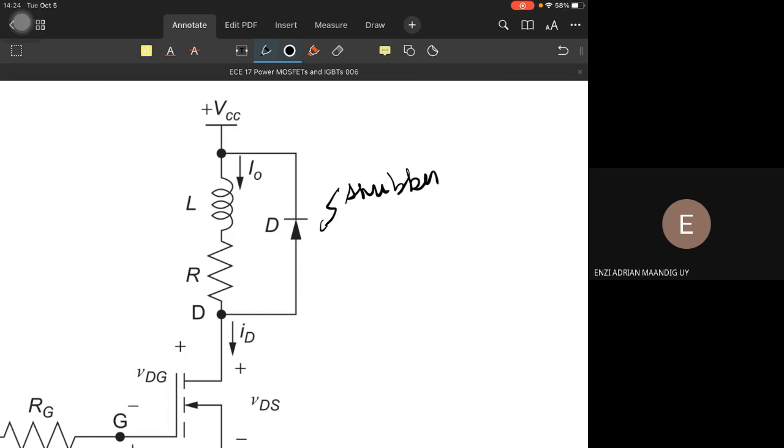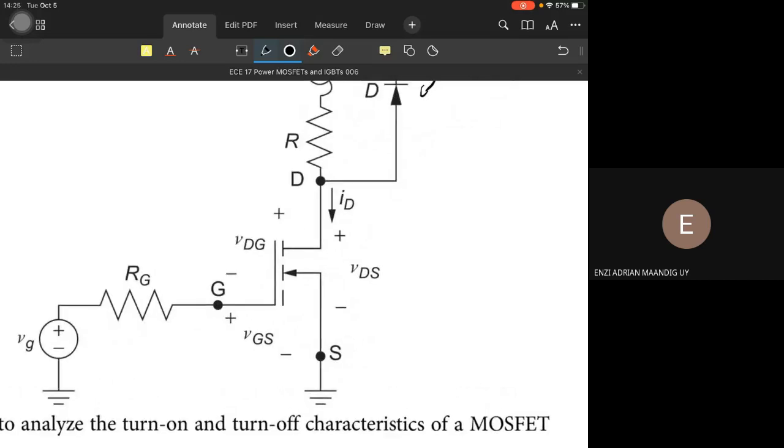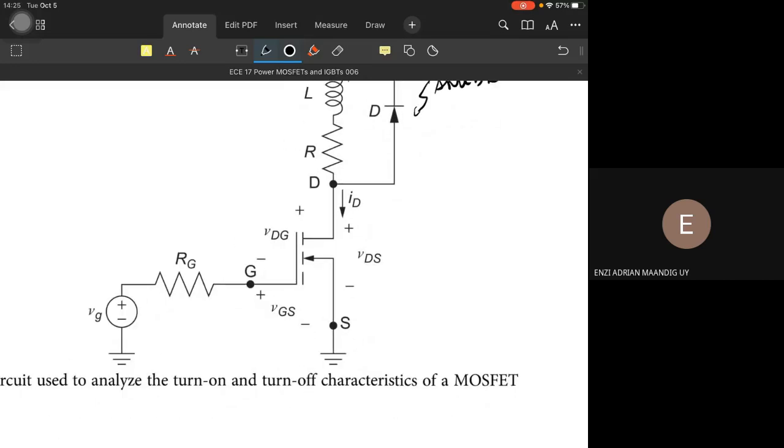This allows current to flow in our tank circuit even if no current flows in the circuit as a whole. So the current circulates because of the diode. But going back here again, we connect VGS as VG, a voltage source at the gate to source terminal.